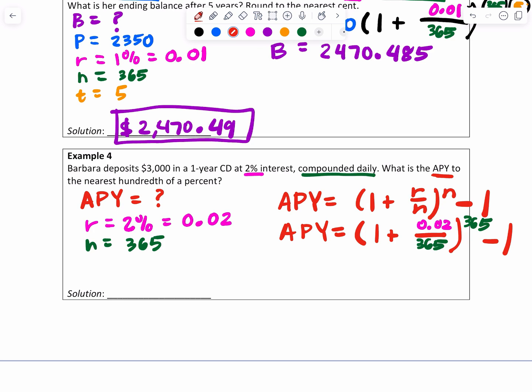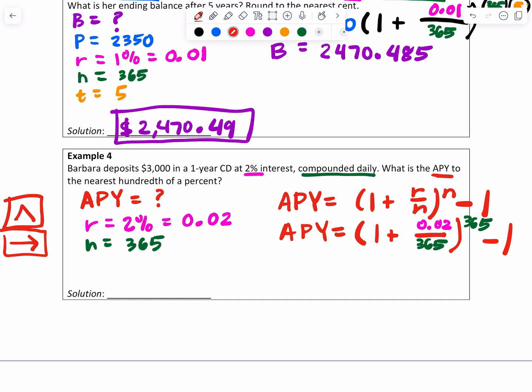So when you type that in your calculator, you're going to go parenthesis, 1 plus fraction, 0.02 divided by 365, 0.02 in the top, 365 in the bottom. Close your parenthesis, hit that exponent button again. Remember, it looks like this. Put 365, and then you need to make sure you arrow over.